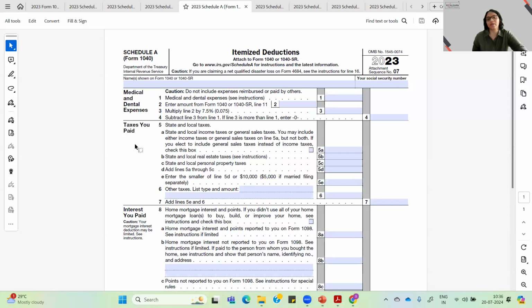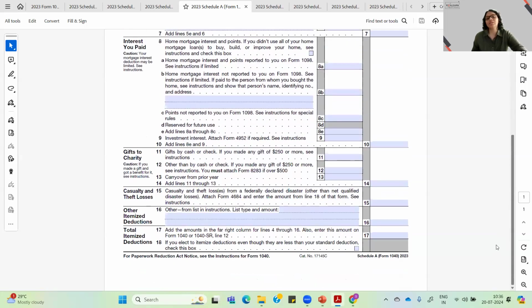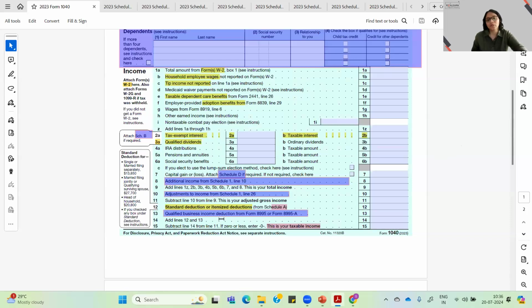Medical expenses, taxes, interest. Then we have gifts, casualty, other itemized deduction. So total of itemized deduction will now flow through your Form 1040. So can you see this? It's standard deduction or itemized deduction. You have to take either of the two. So it's either standard deduction or itemized deduction, where you will get itemized deduction from Schedule A.